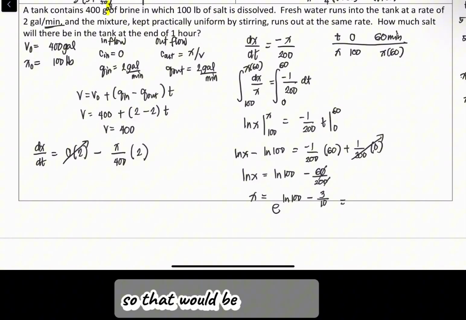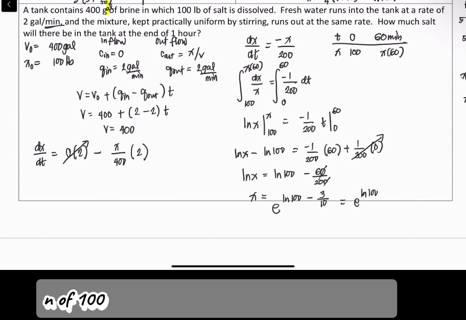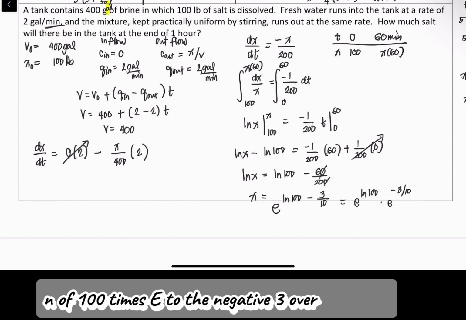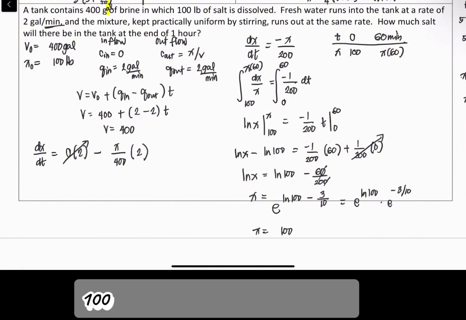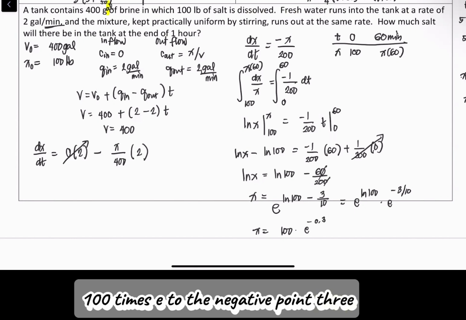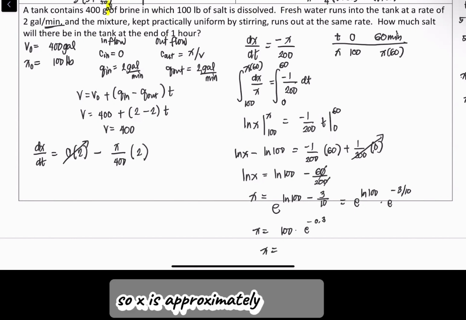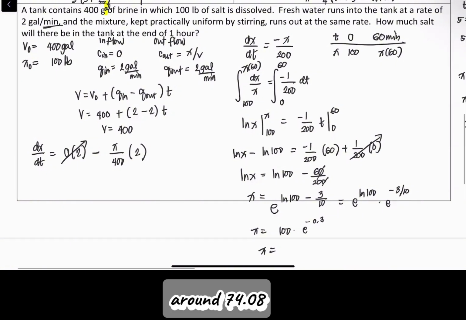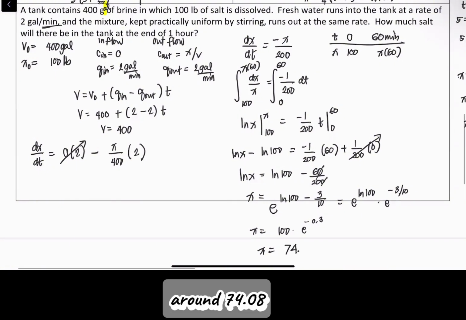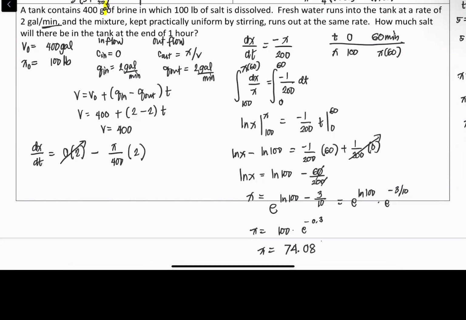So that would be e to the ln of 100 times e to the negative 3 over 10. So x is 100 times e to the negative 0.3. So x is approximately 74.08 pounds.